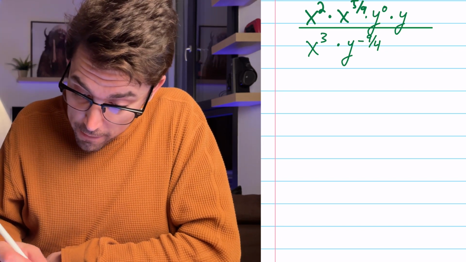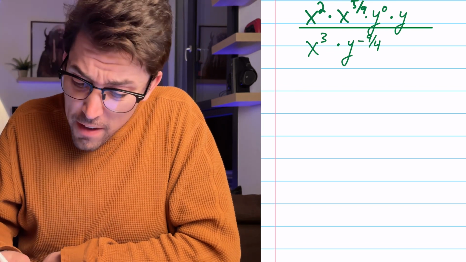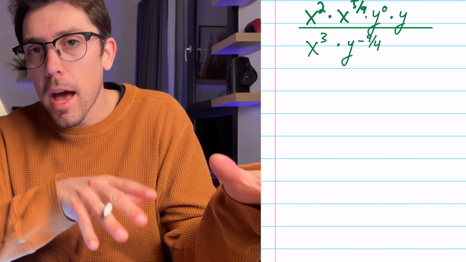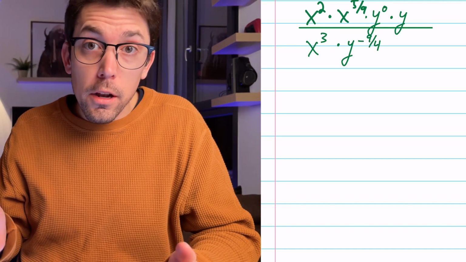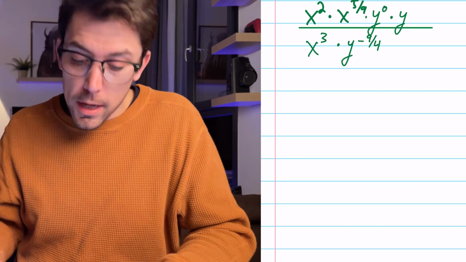So now I'm going to have x squared times x to the 5 over 9. So if I have x squared times x to the 5 over 9, I have the same base, x, but now I just need to add my exponents. So if you had your calculator, you could do this pretty easily, but if your teacher's requiring you to do it by hand, you should do it like this.